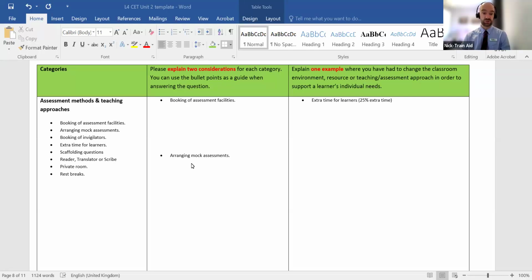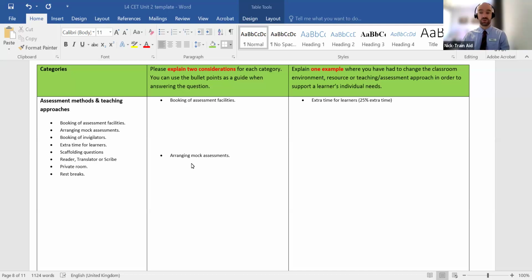So I'd need to make sure that there's no external noise happening around the actual examination room. So the time of day is very important. So I used to book the examination room within the morning session, so that way learners are kind of more alert, more engaged as well.